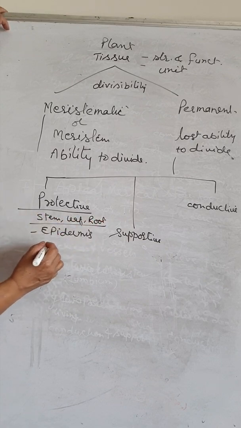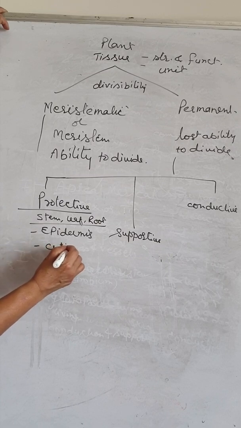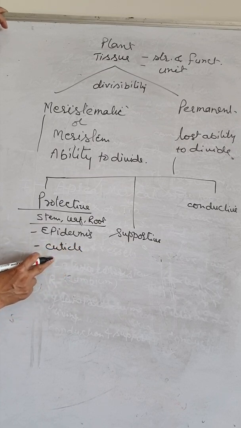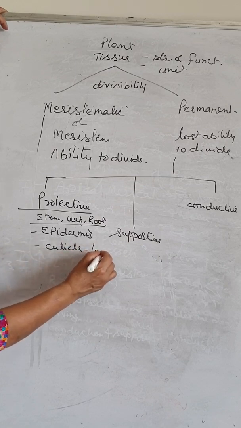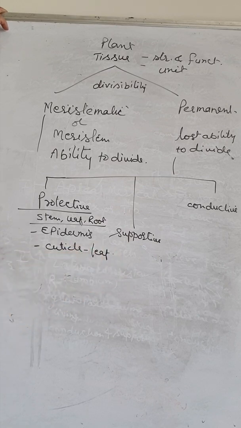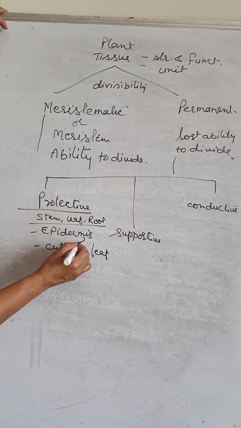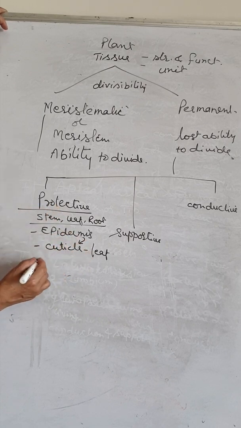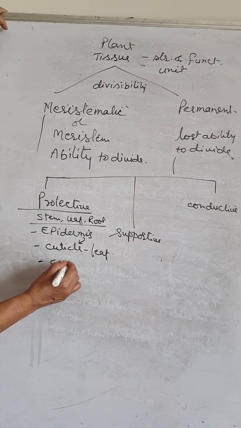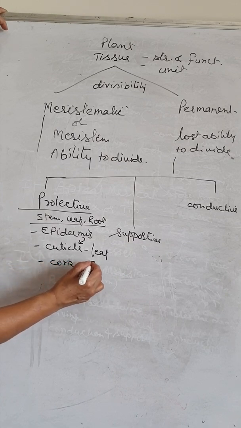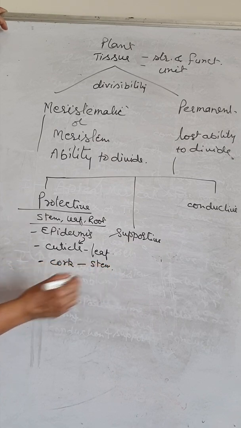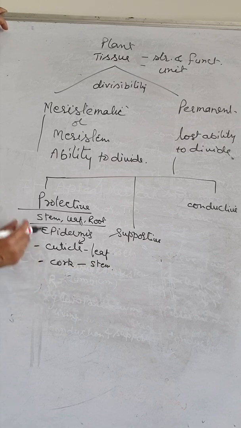The second one is cuticle. The cuticle is a waxy coat, a waterproof covering found on the surface of the leaf above the epidermis. The epidermis secretes the cuticle. And the third one is cork cells that are found in the stem. So these three are the protective tissue.